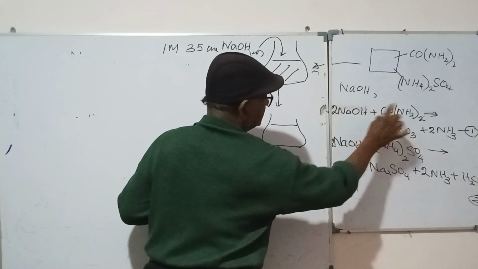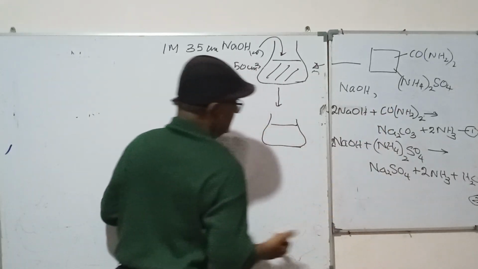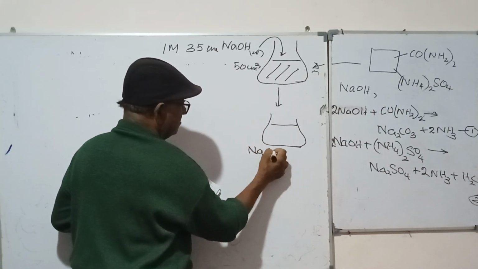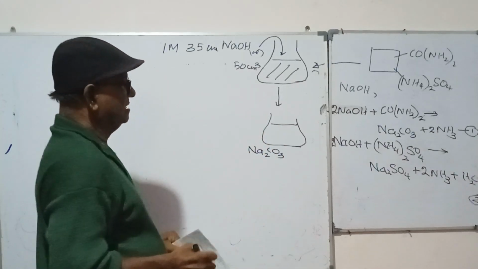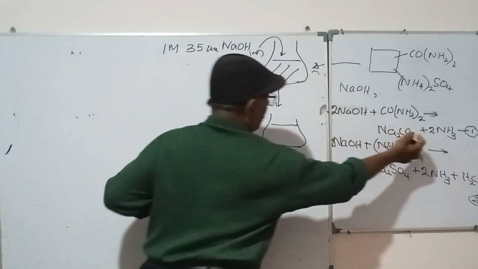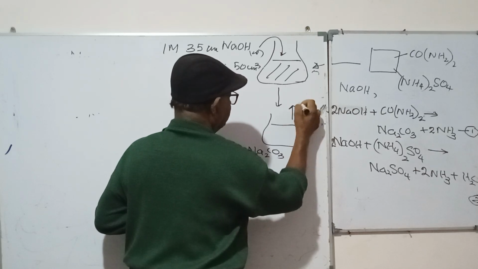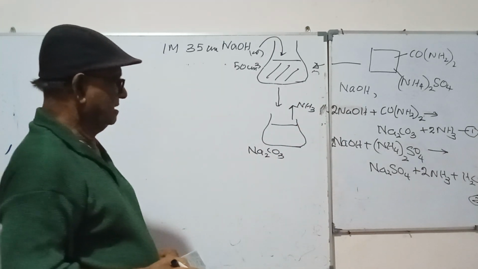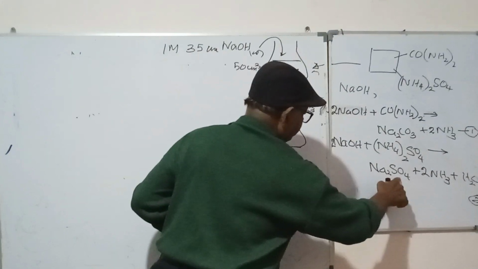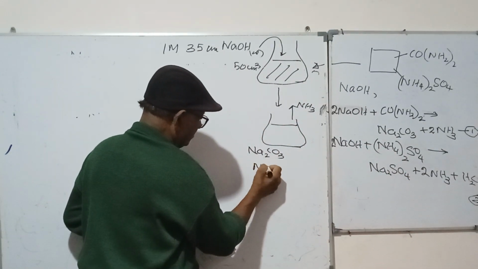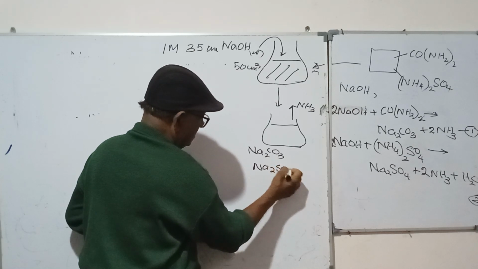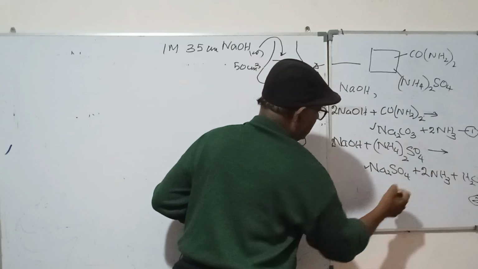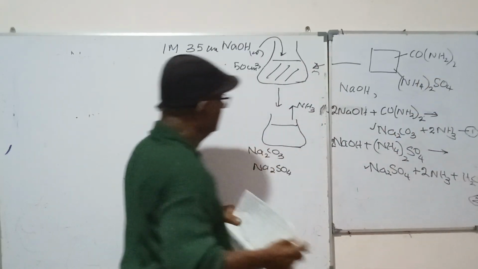According to the equations, sodium carbonate was formed, ammonia evolved, it is a gas, then sodium sulfate, Na2SO4. These are the products: 1, 2, ammonia evolved.